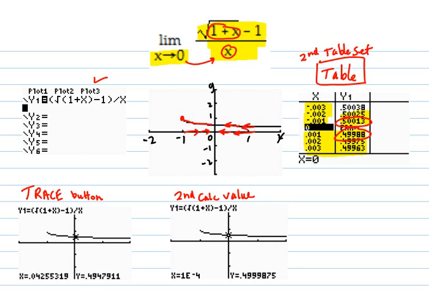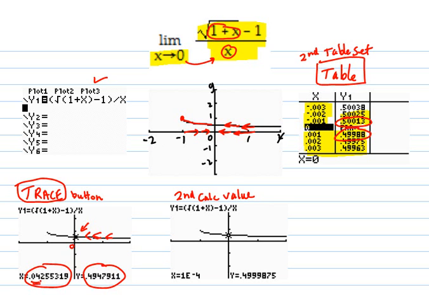Another way to see it, it's kind of fun. You use the trace button on the calculator, and you get this blinking dot, and you just move it on the curve, and you watch these values, the x and the y. As you close down on 0 from the right, the last one that's visible before it clicks to 0 is 0.0425.